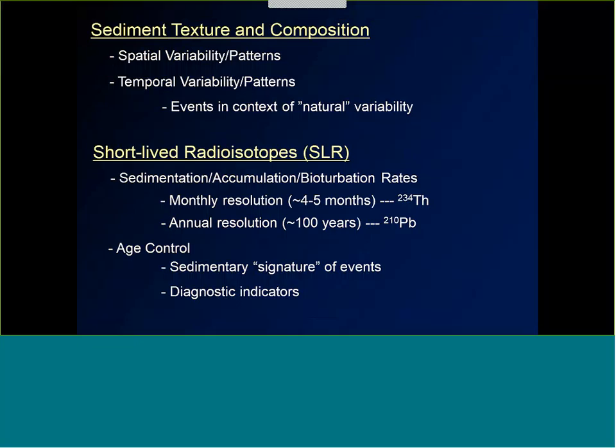And also bioturbation rates, the organisms mixing this stuff around. I'll talk about the short-lived radioisotopes we use in a couple seconds. It's primarily thorium-234 and lead-210. The age control can help us to identify the sedimentological signature of an event, because we can tie the actual known event in with what we see in the sedimentary record to determine what that signature is.